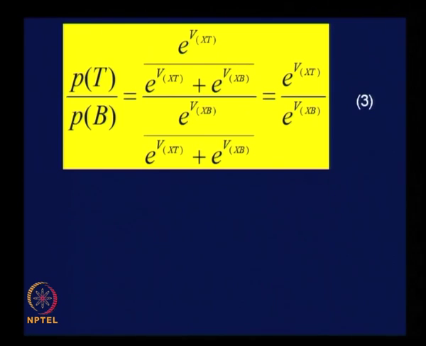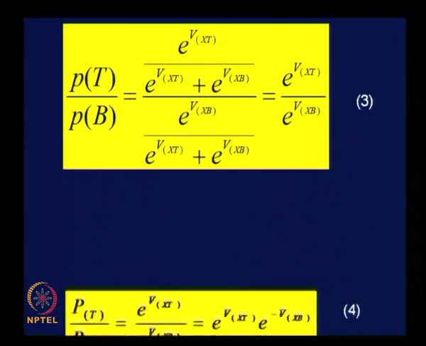We can write that as simply e power Vxt divided by e power Vxt plus e power Vxb, whole divided by e power Vxb divided by e power Vxt plus e power Vxb. Denominator is same for the terms on top and bottom. So, we get simply Pt by Pb to be equal to e power Vxt divided by e power Vxb, isn't it?